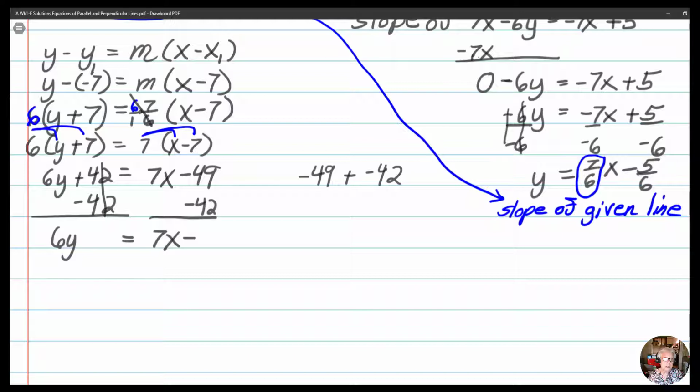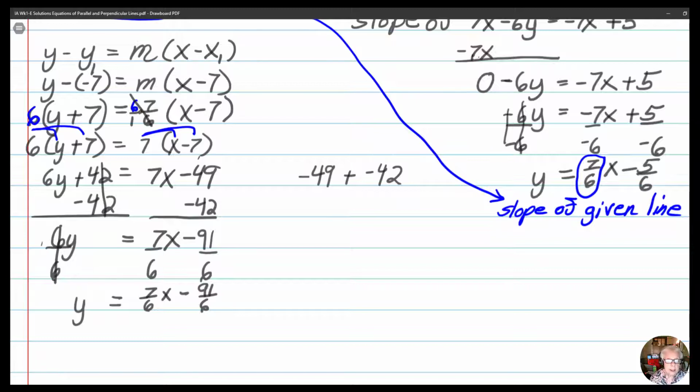When you add two negative numbers, your answer is a negative number. It's not the same rule as multiplication. All right, 9 plus 2 is 11, carry the 1. 4 plus 4 is 8, and 1 is 9. Then we divide by 6, divide by 6, and divide by 6. Y equals 7/6 x minus 91 over 6.